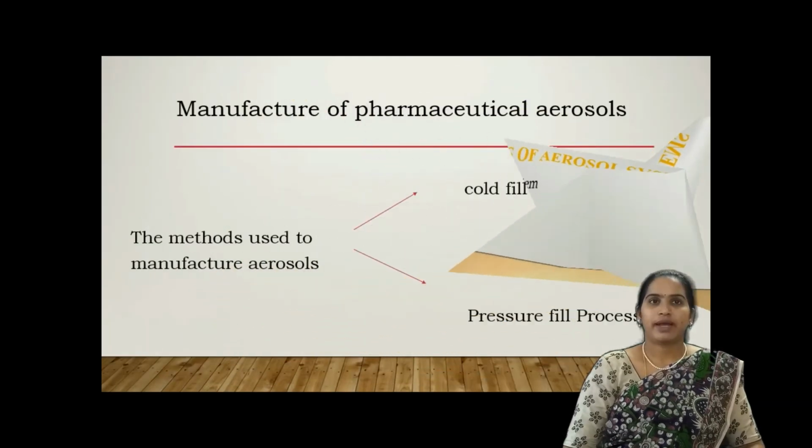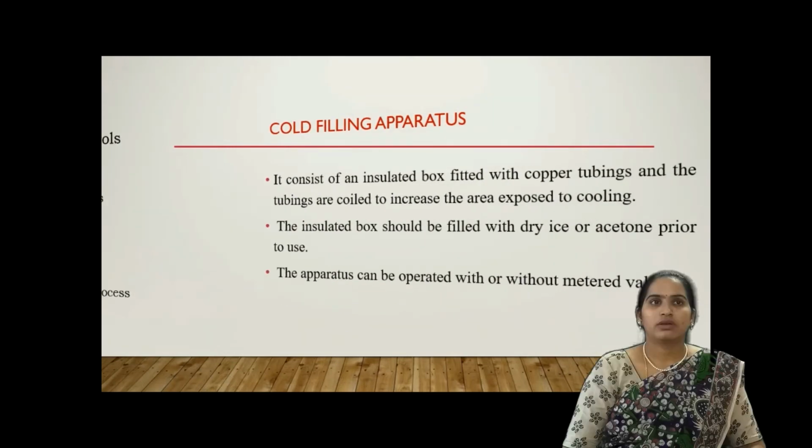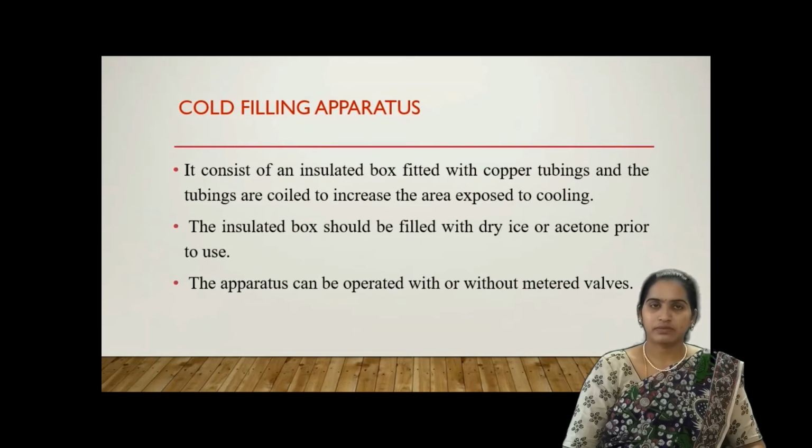Next, coming to the manufacture of pharmaceutical aerosols. There are two methods used for the manufacture of pharmaceutical aerosols: cold fill process and pressure fill process. For the cold fill process, the apparatus used is the cold filling apparatus.